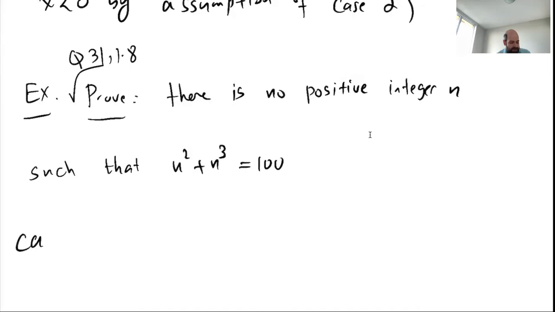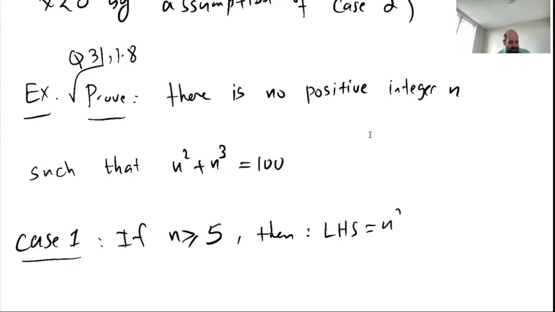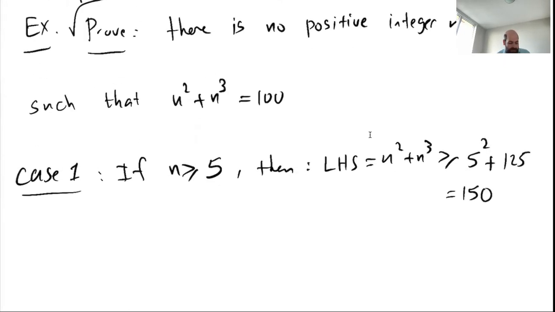So I can say case 1: if n is bigger than or equal to 5, then the left-hand side, which is n squared plus n cubed, will be bigger than or equal to 5 squared plus 5 cubed, which is 25 plus 125, equals 150. And that's bigger than the right-hand side.